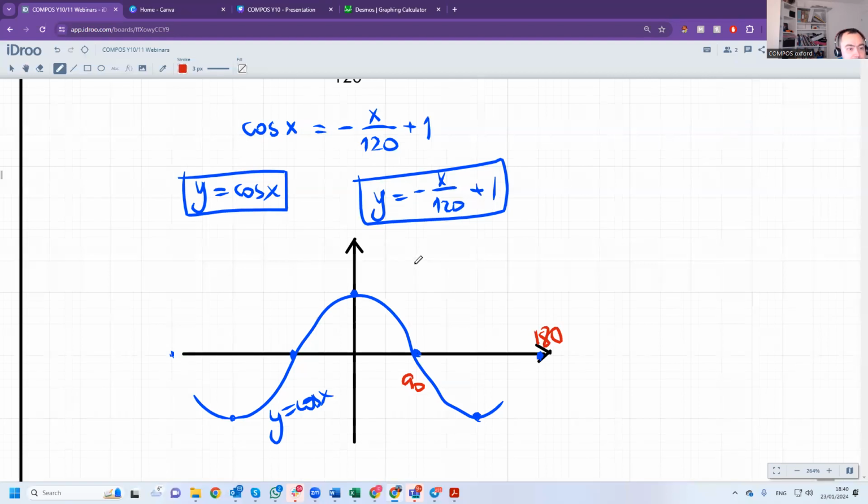And this graph, minus x over 120 plus 1, is going through here, and it's going to be a graph like this.